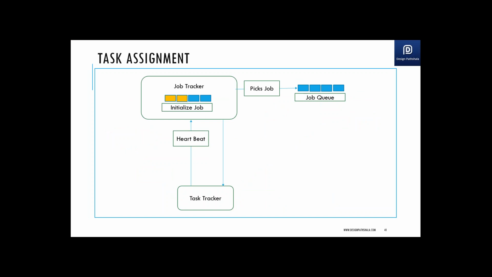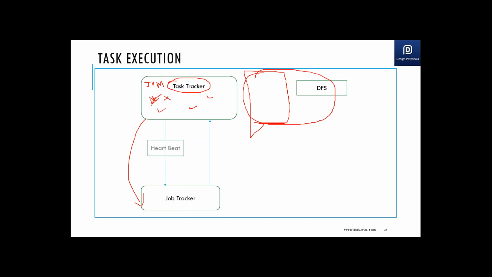If the task trackers are always running, it will keep on assigning, so that single task needs to be run 5 times or 15 times based on the blocks. Each task tracker is then given a task to run that job individually on the data blocks.